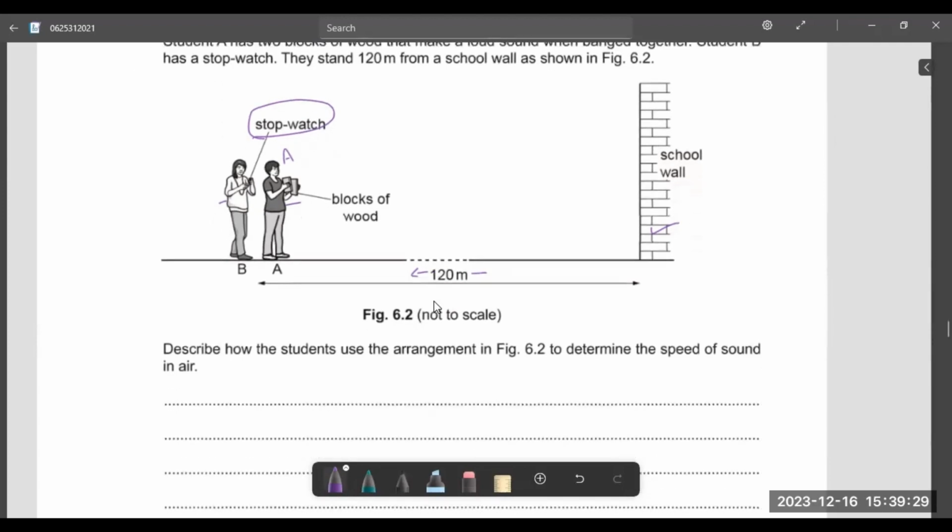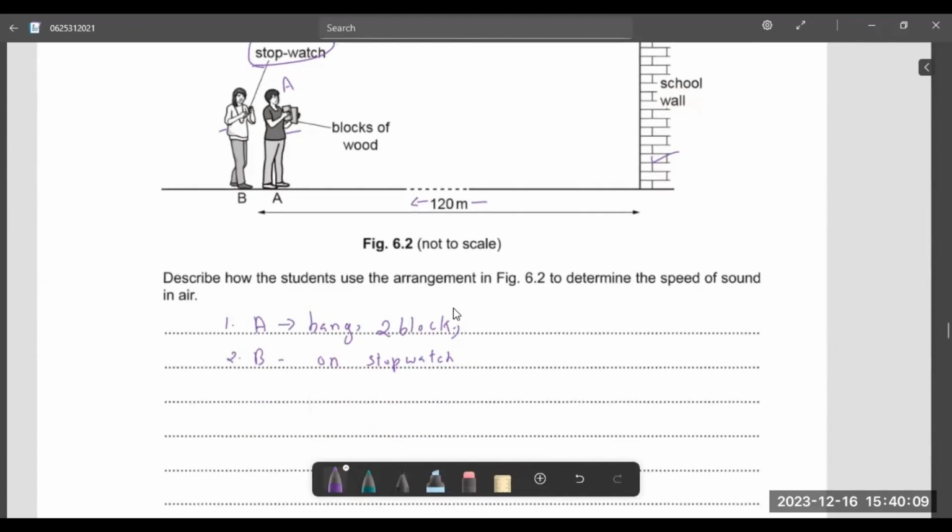So, for finding the speed, first they need to make a sound. Student A will bang the two blocks, so sound is being produced. At the same time, when he is producing the sound, student B needs to switch on the stopwatch.